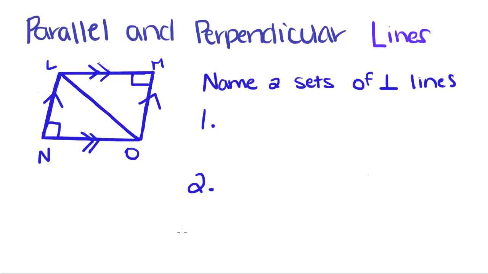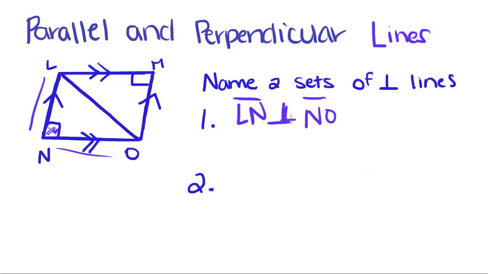If we look, we've got a right angle right here, and LN, this segment right here, and NO intersect to form a right angle. So that means LN is perpendicular to NO.